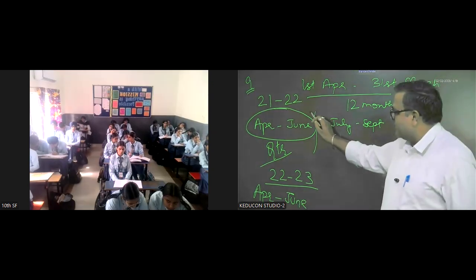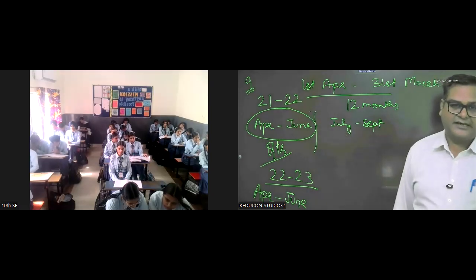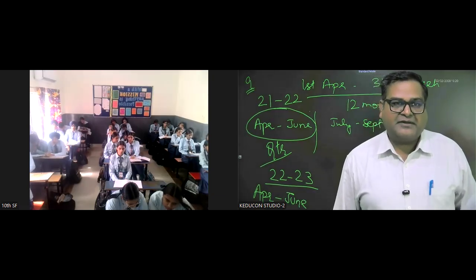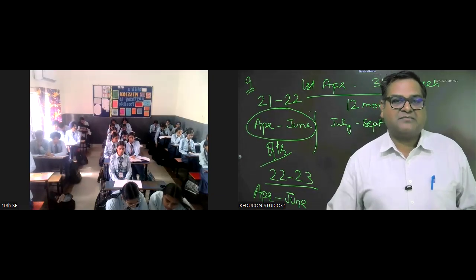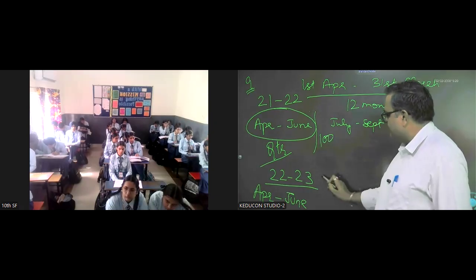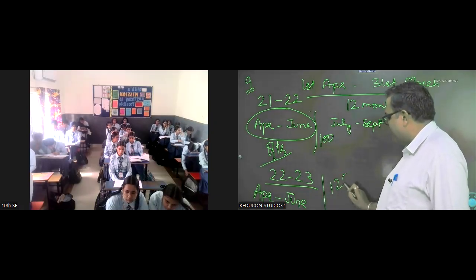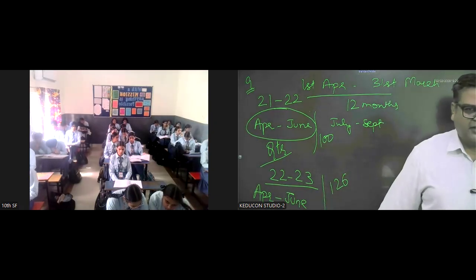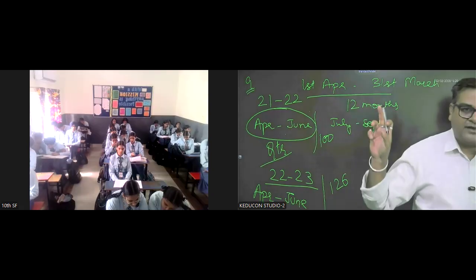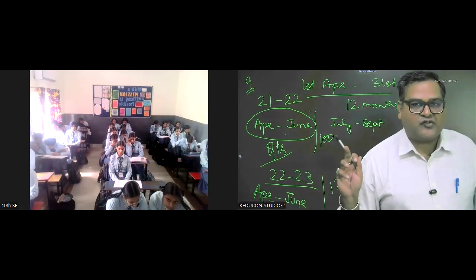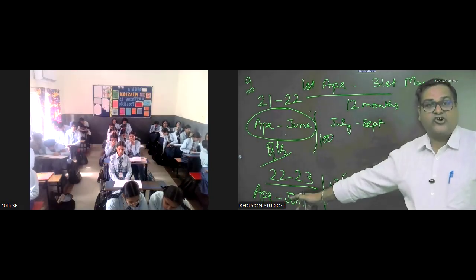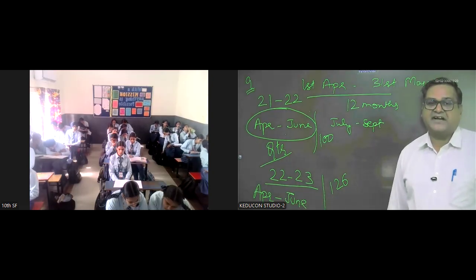Similarly here, this is the corresponding quarter of a year. Is this clear? If there is any doubt in the terminology, please tell me. If anybody has not understood the meaning of this statement: if here the sale was 100 cars, then how much did the sales become here? It increased by 26%. Have you understood this? If the sale of passenger cars was 100 in the April to June quarter of 21-22, then it has risen to 126 in the corresponding quarter. Any doubt till now, children?